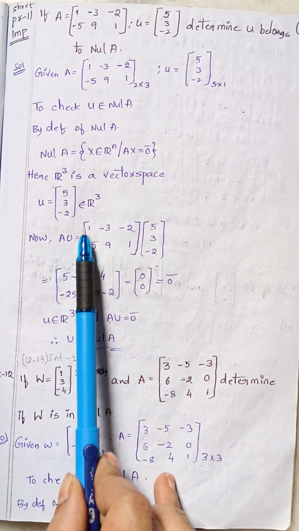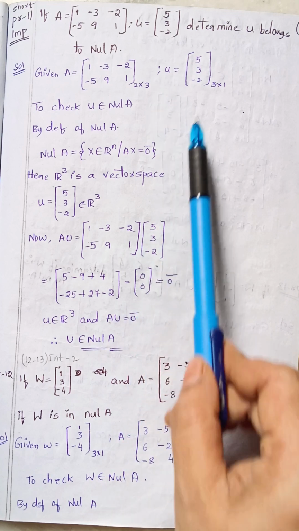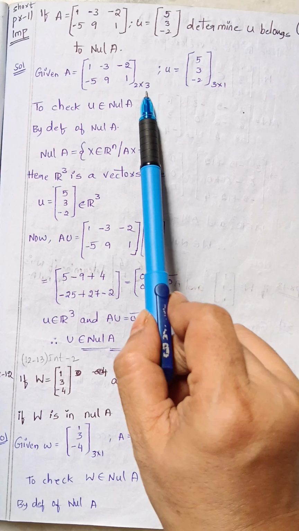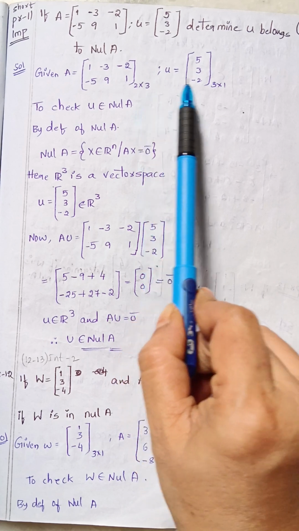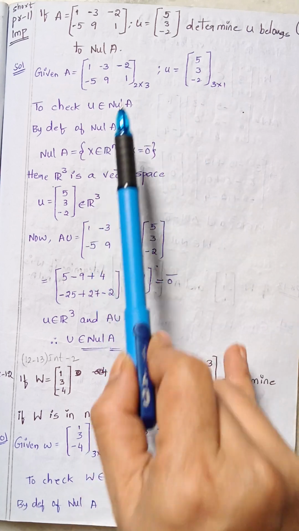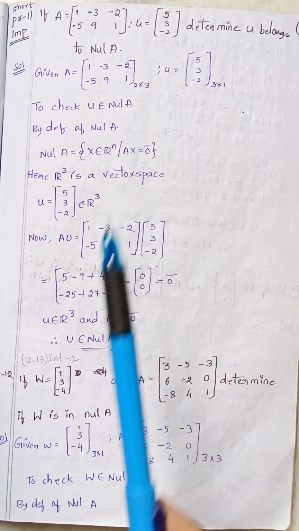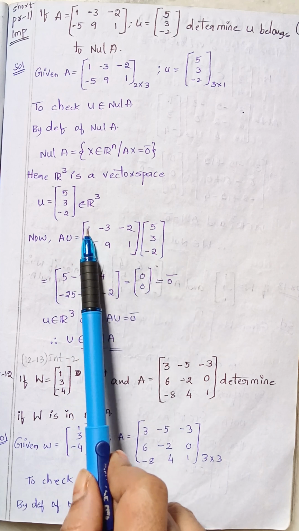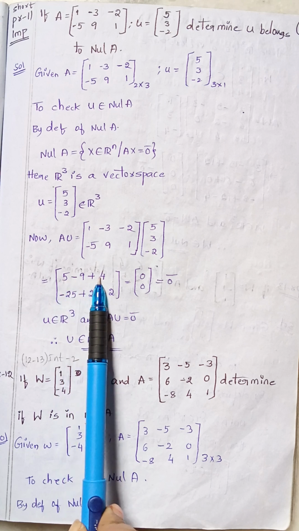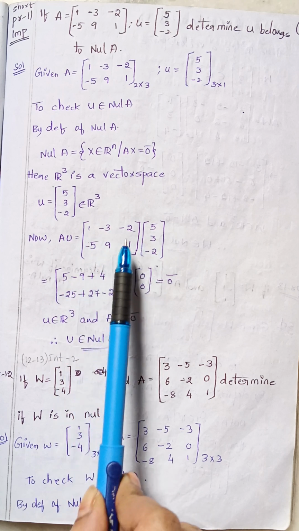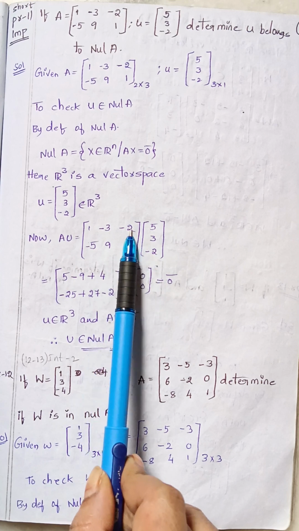So consider AU, A into U. The product of two matrices is possible when the number of columns in the first matrix is equal to the number of rows in the second, and the resultant will be a 2 cross 1 matrix. So here A into U. First row into first column: 1 into 5, 5, minus 9, plus 4.